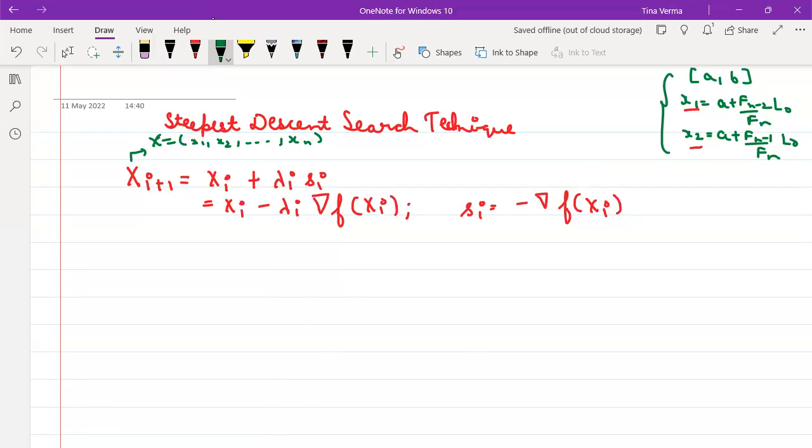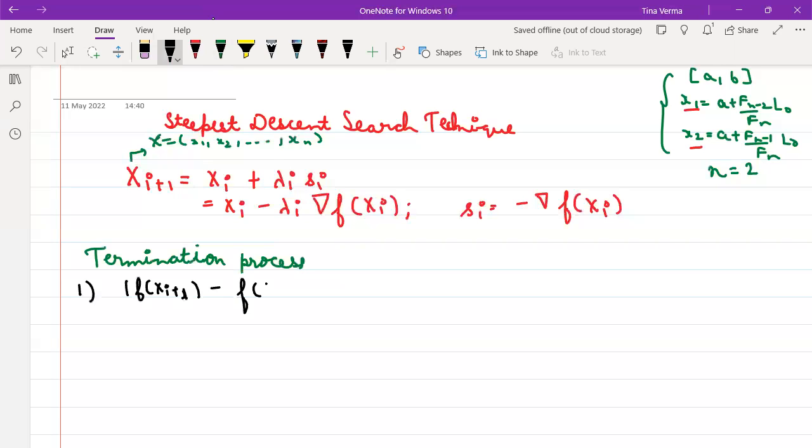So here, when we terminated the Fibonacci, I had reached up to n is equal to 2, because further I can't do the calculation. So here your termination criteria can be anything that can be given to you. It can be like this: the function's value at xi plus 1 minus function's value at xi should be less than or equal to your tolerance, right?